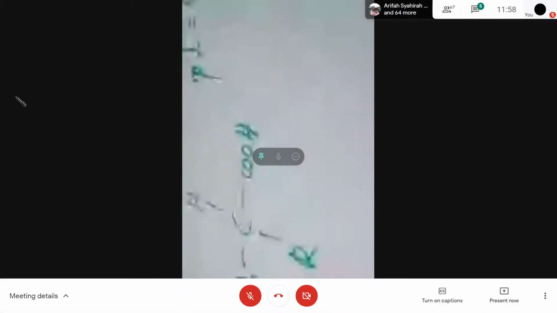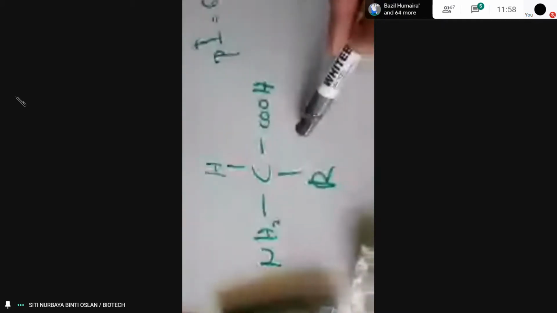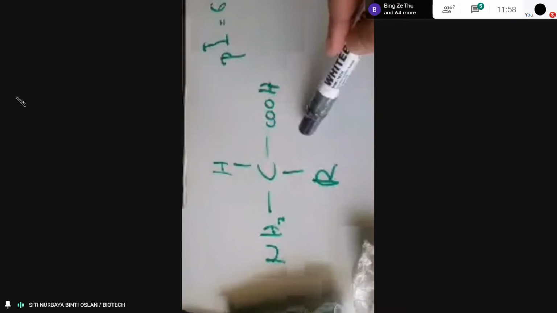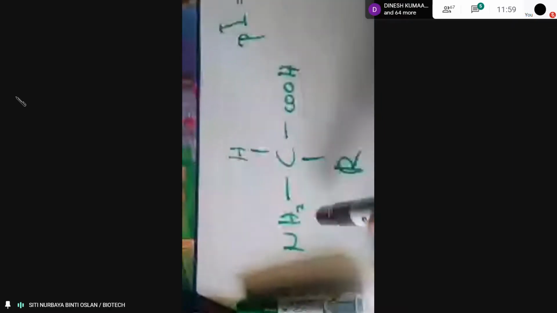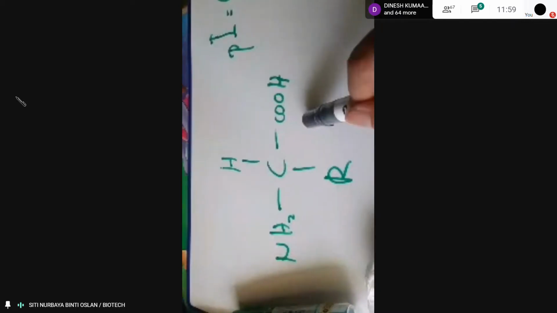Okay? I will repeat this section in case you need some clarification. This is the basic structure of an amino acid. Amino acid is a building block for a protein. For our case, we have T1 lipase. T1 lipase consists of 388 amino acids, the mature part.